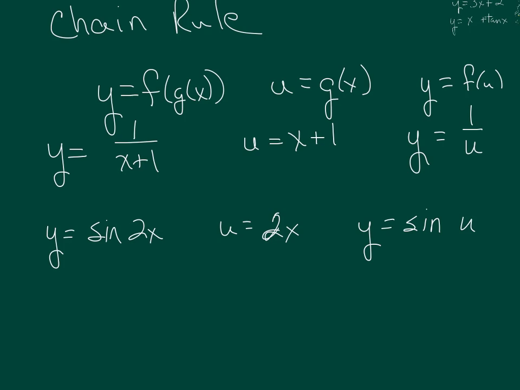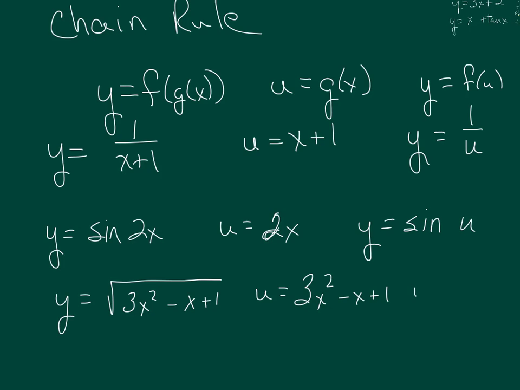All right, if I had y equals the square root of 3x squared minus x plus 1, what is u in this case? 3x squared minus x plus 1. So we could rewrite it as y equals the square root of u. Okay, so I think you get the idea there of how we're redefining u. So that will help us when we talk about the definition of the chain rule.